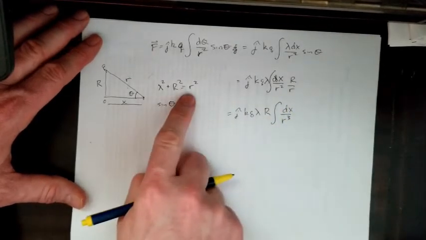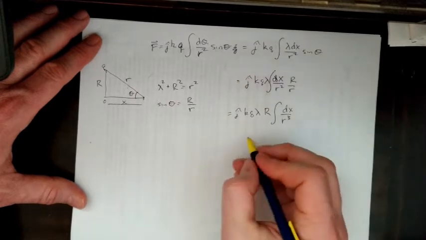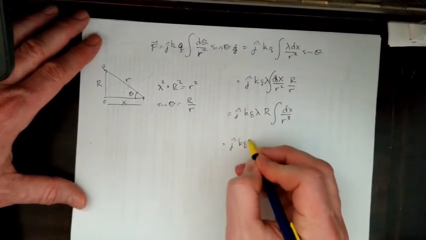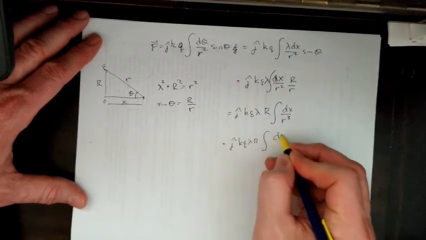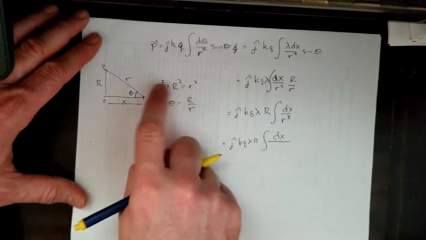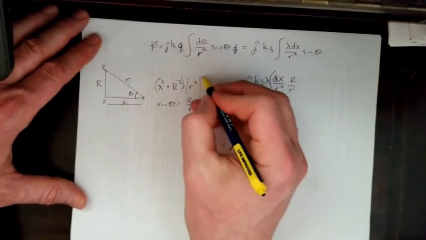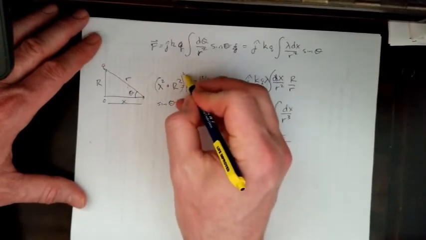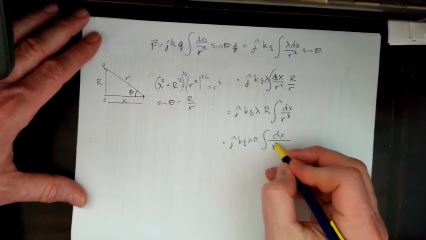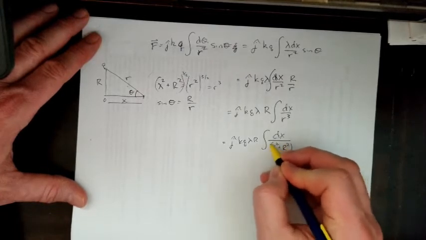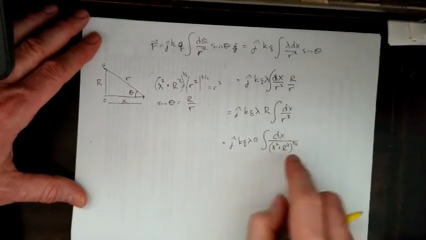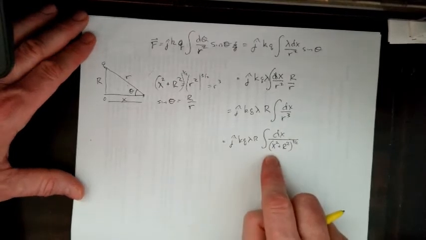Well, I know what r squared is equal to, so this becomes j hat kq lambda big R integral dx over, if I raise both sides to the 3 halves, I get r cubed. And so what I'm left with is x squared plus big R squared to the 3 halves. I now have it in terms of a single variable.